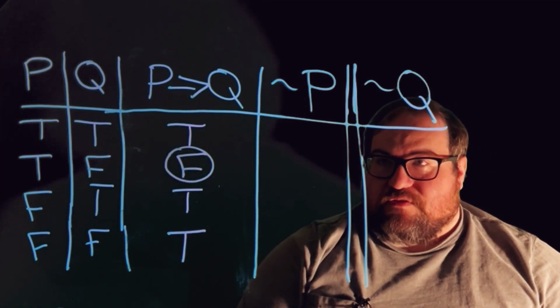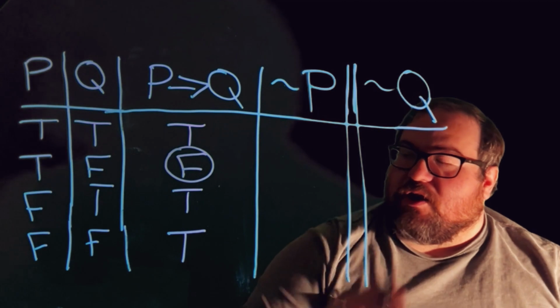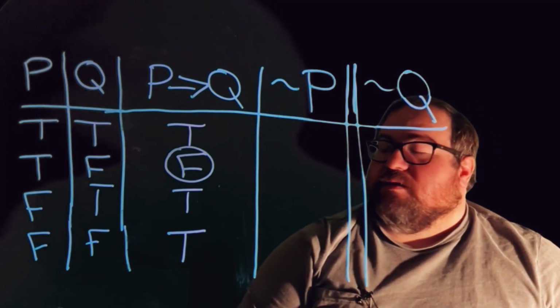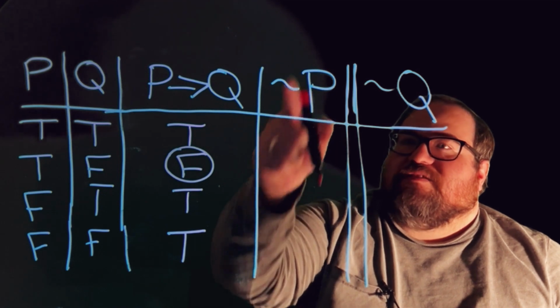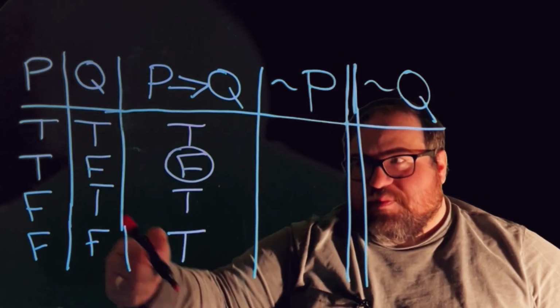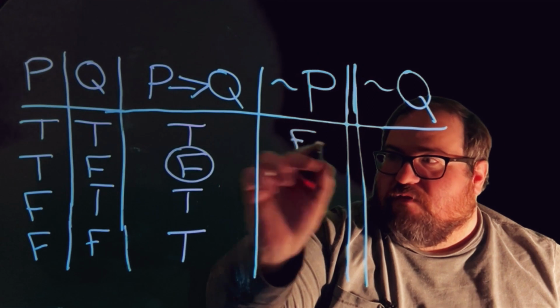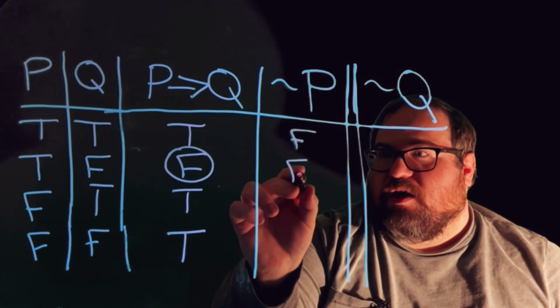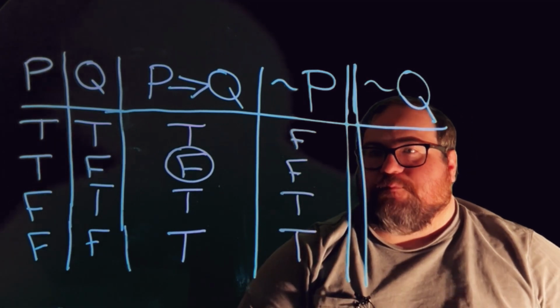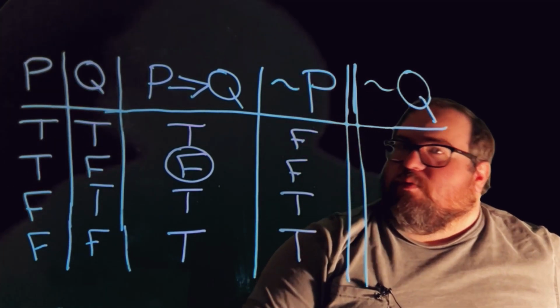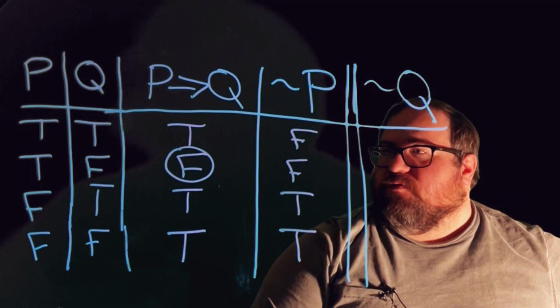that statement is false. Now here we have not P. So what we would do is put in, it is not the case that P. So we'd put the opposite in, right? So we'd put false there, false there, true here, true here. And then we would also put those same values in over here.